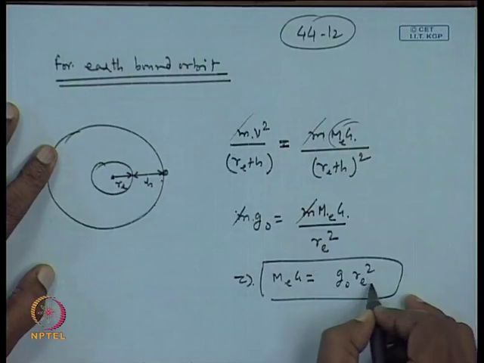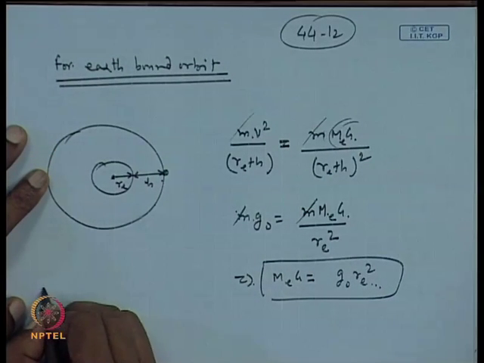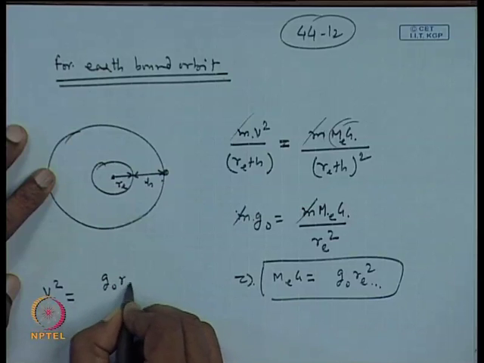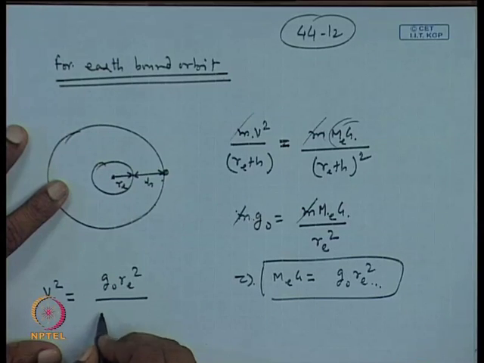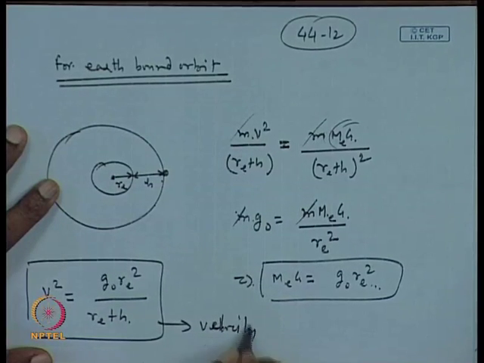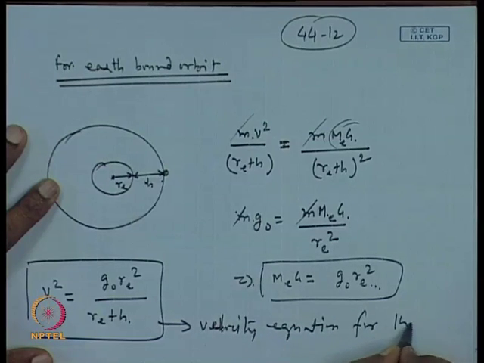This term can be replaced by this term here. So, we will have V square equal to g0 Re square divided by Re plus h. Okay, so this is the velocity equation for the orbiting satellite.